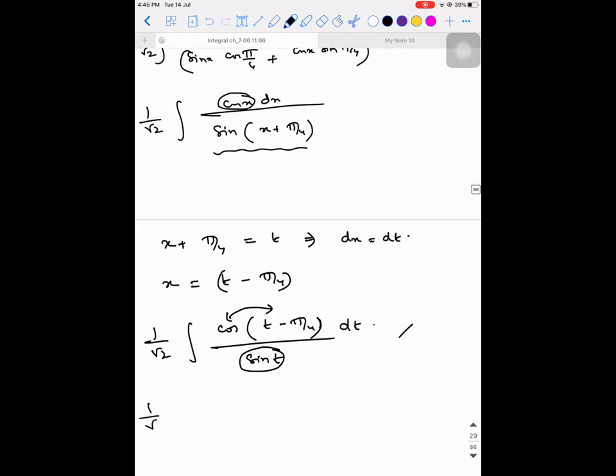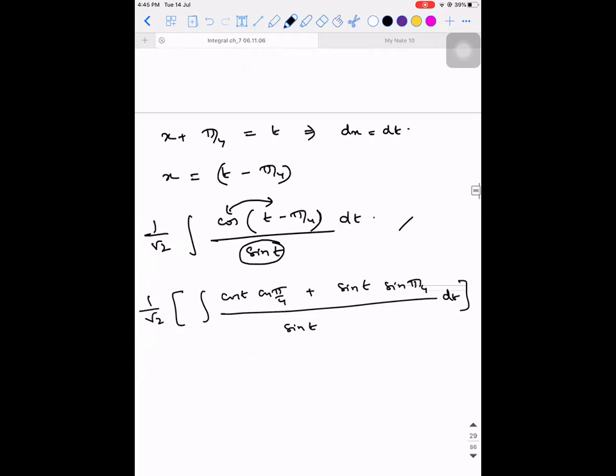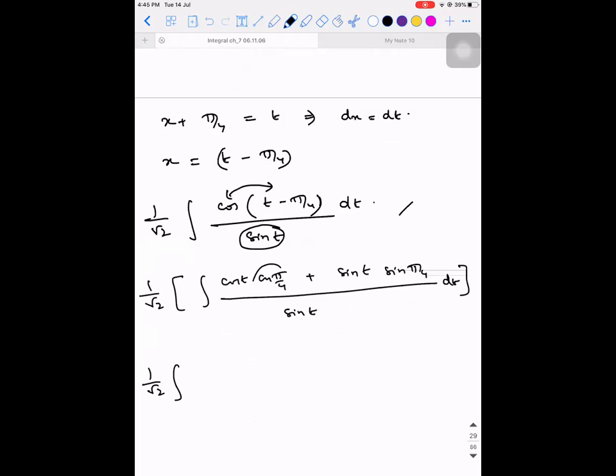So that is 1 by root 2 into integral of cos t into cos pi by 4 plus sin t into sin pi by 4, the whole divided by sin t. So 1 by root 2 into the integral, cos pi by 4 will come out. It is 1 by root 2.